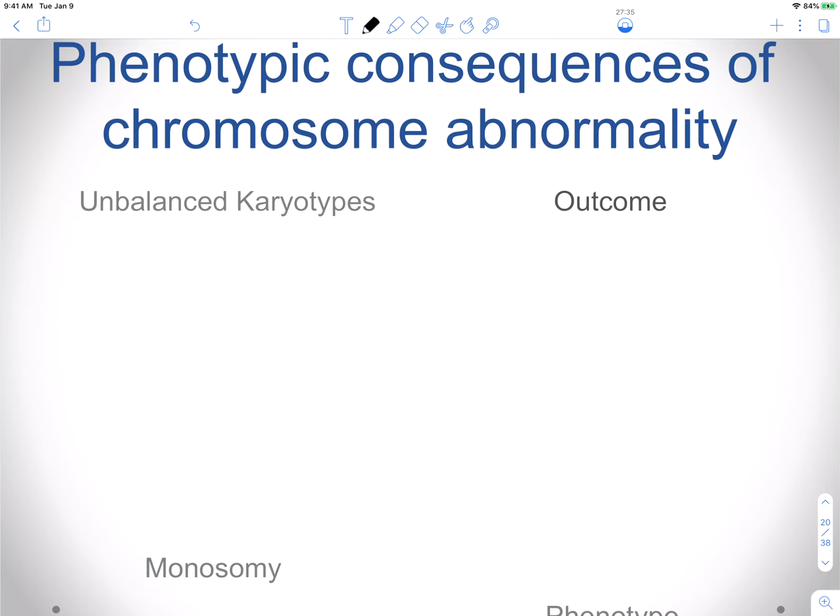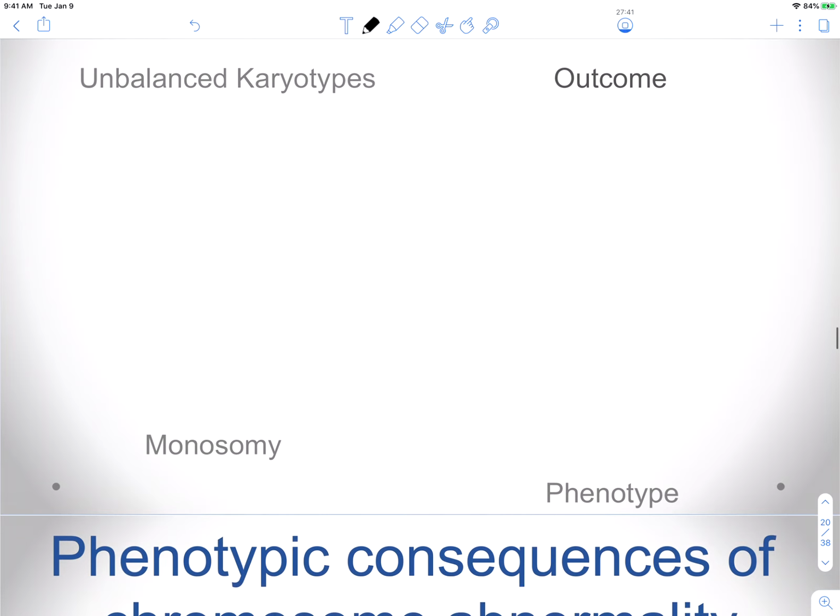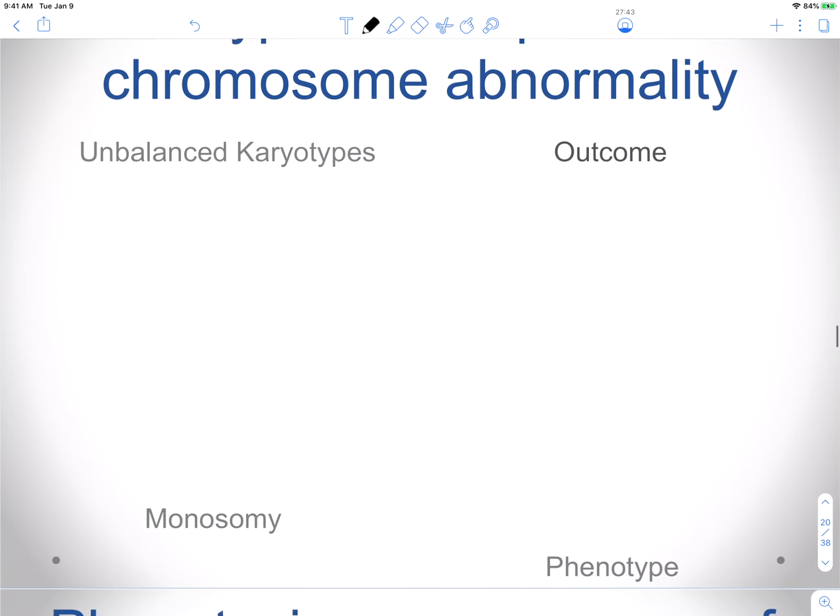Okay, so let's talk a little bit about phenotypic characteristics. So with unbalanced karyotypes, sorry, this got way down there, so I'll write it up here. So for monosomy, again, this is an aneuploidy, and it's only 1 copy of a chromosome pair.